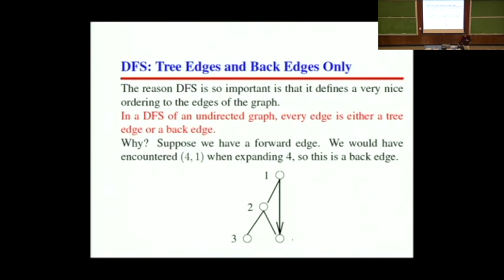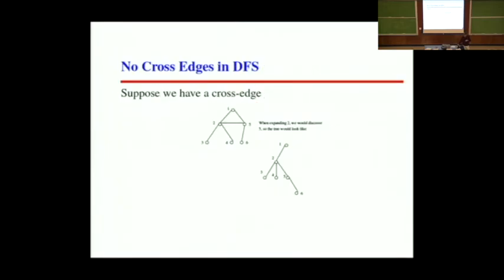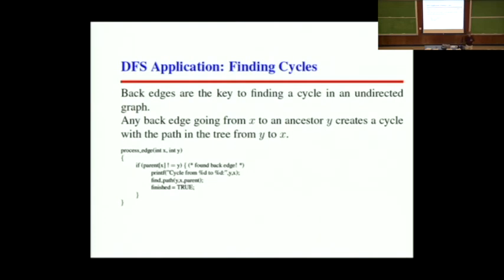Okay, and this is basically the argument that I repeated to you. Let me give you an example of an algorithm where doing a depth first search is better than doing a breadth first search. It's a problem that comes up in a graph: how do you find a cycle in a graph?